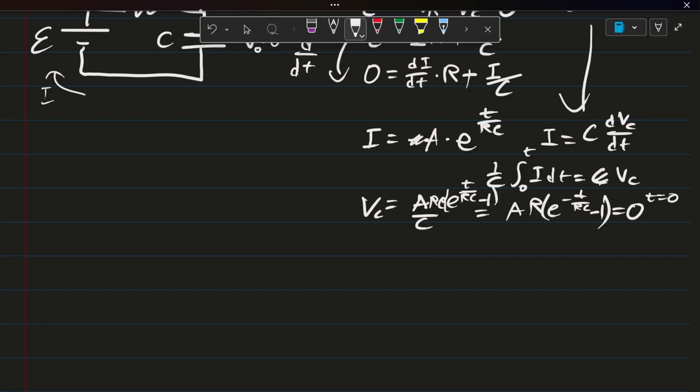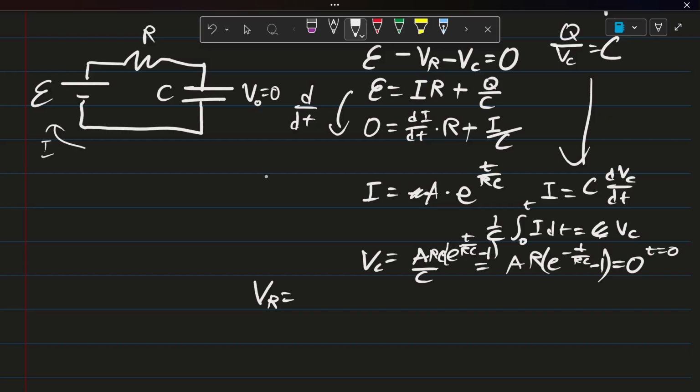And that means we could actually compute what VR is now. And why do I suddenly shift to VR? It is because of one thing. Coming from this guy, we know Vc is 0, that means VR should be epsilon, right?